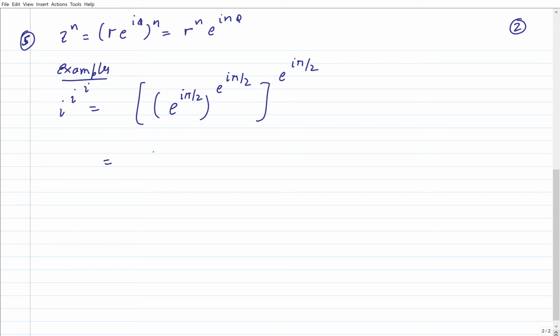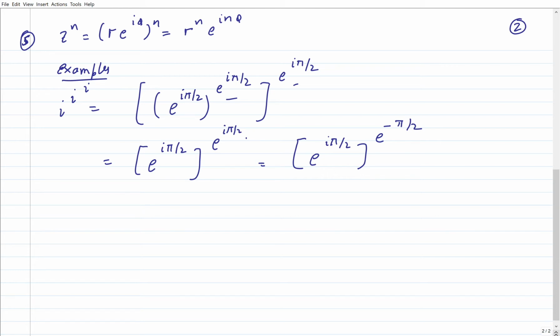And when I evaluate this, it goes to e to the power iota pi by 2, and I just put in here e to the power iota pi by 2 times iota, because e to the power iota pi by 2 is nothing but iota, and that gives me e to the power of minus pi by 2.